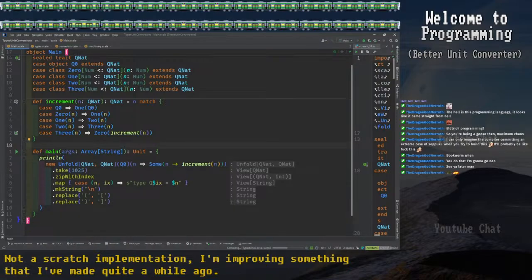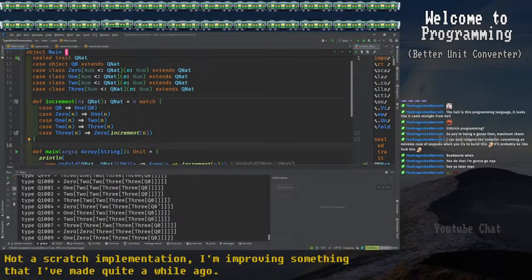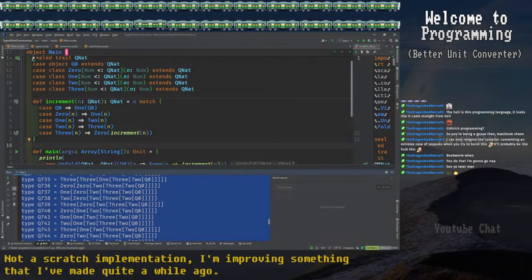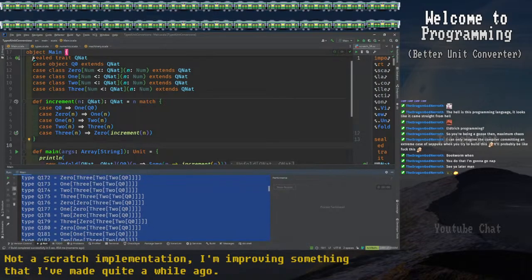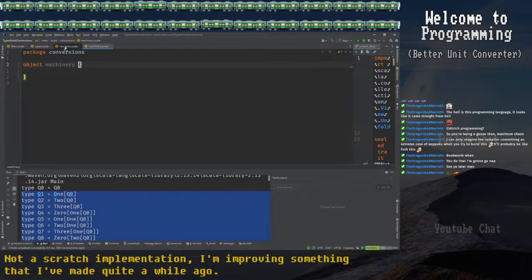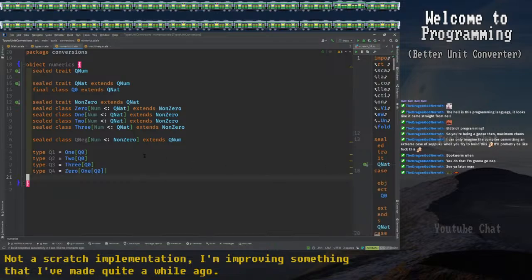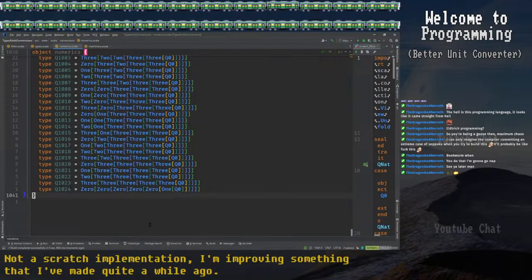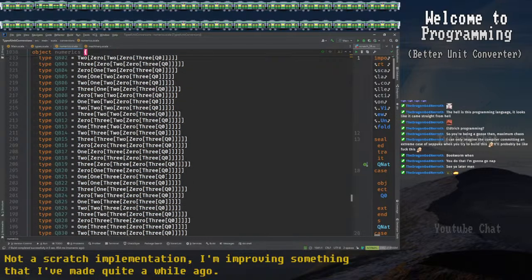Hopefully? Perfect. Now I can copy this output. I don't think I'm gonna need any more than 1024, but you never know. There we go. Now we have 0 through to 1024. Holy crap.